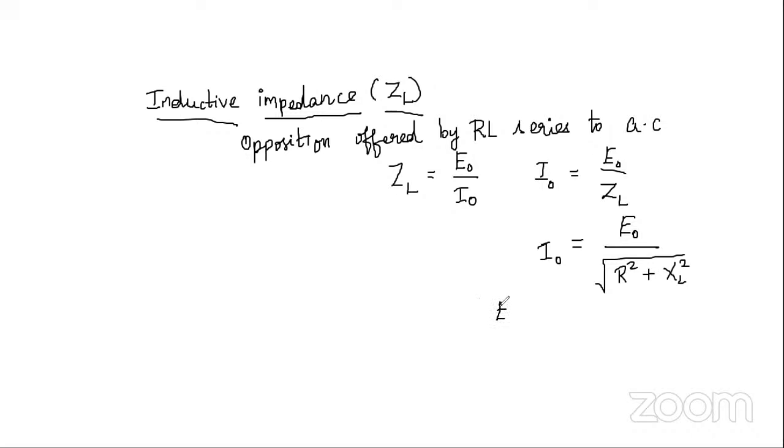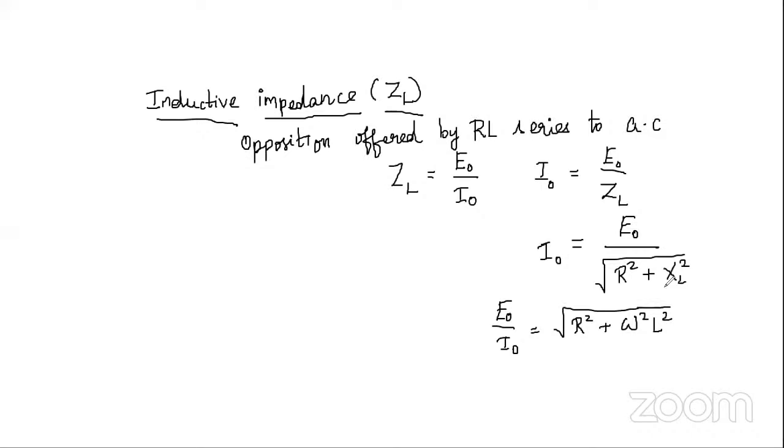E naught by I naught is equal to square root of R square plus omega square L square, because XL is equal to omega L. So that is square root of R square plus omega square L square.